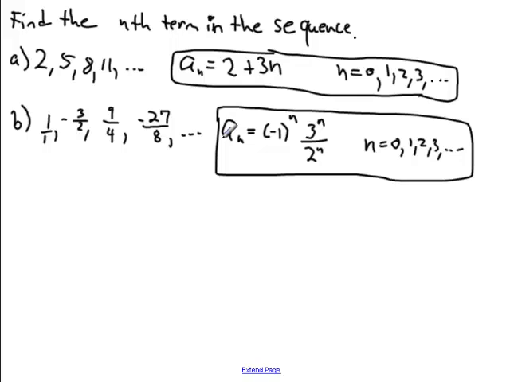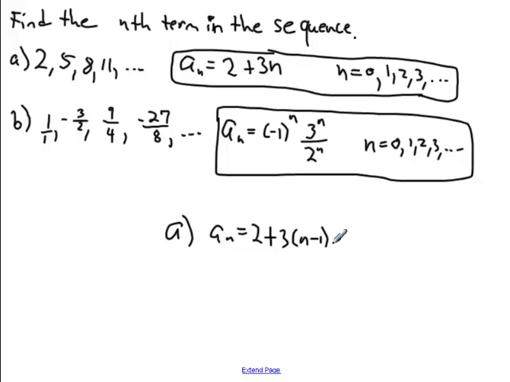I do want to add one further comment, which is you may have had a slightly different answer. You could, for example, have said, for A, this is just an alternative, AN is equal to 2 plus 3 times n minus 1.